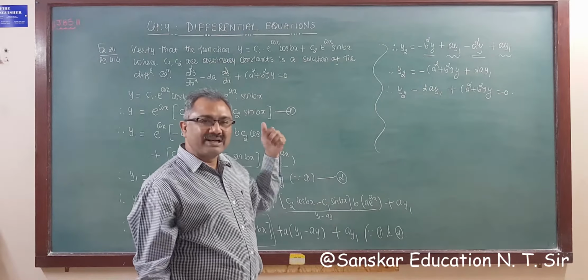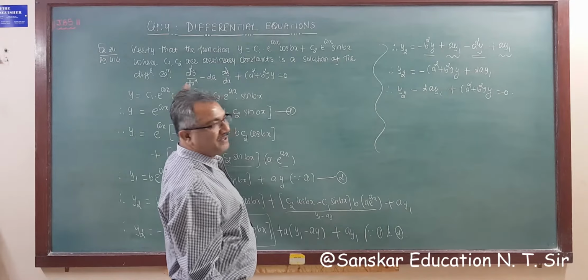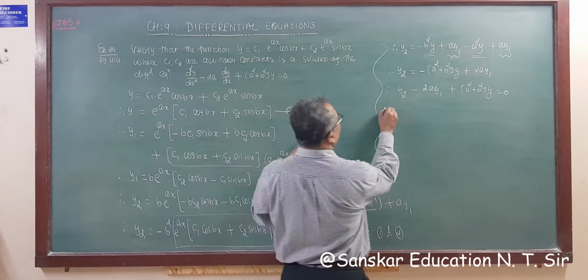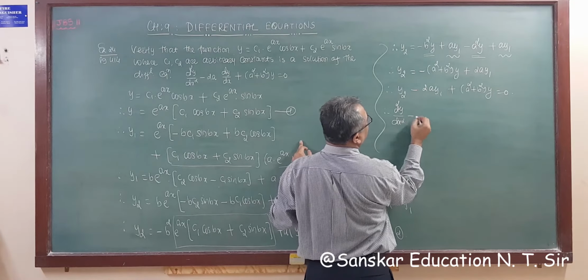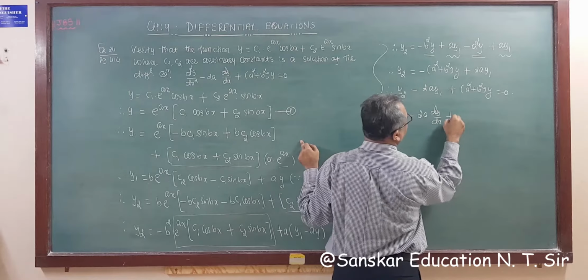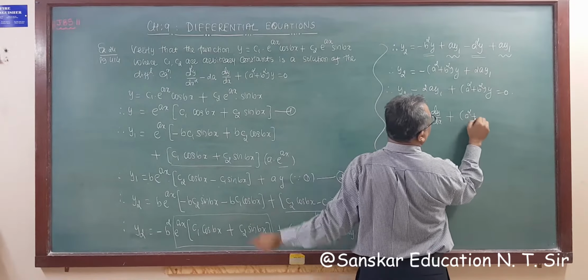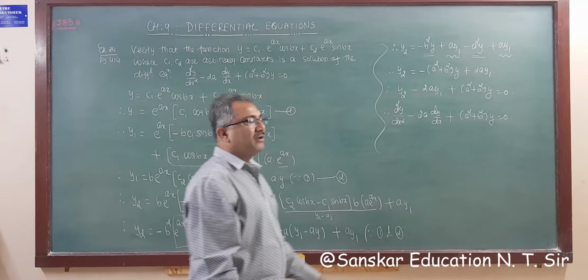And if you want to express y2 and y1 as d square y by dx square and dy by dx, then this is d square y by dx square minus twice a dy by dx plus a square plus b square into y is equal to 0, right?